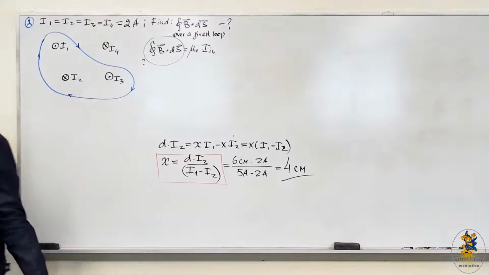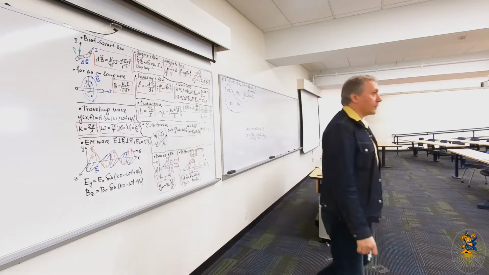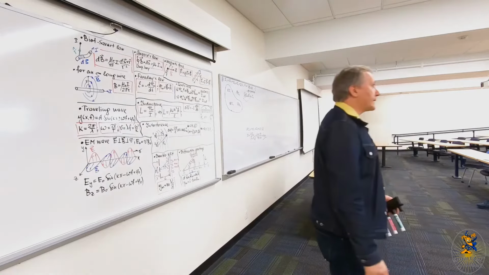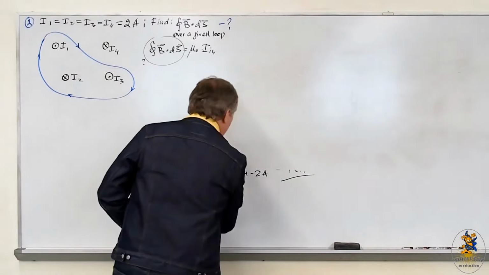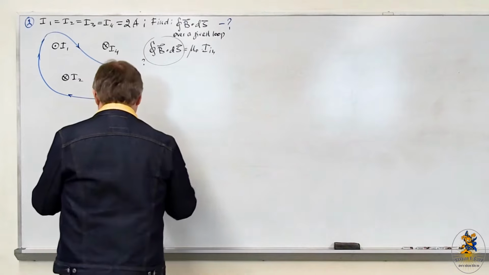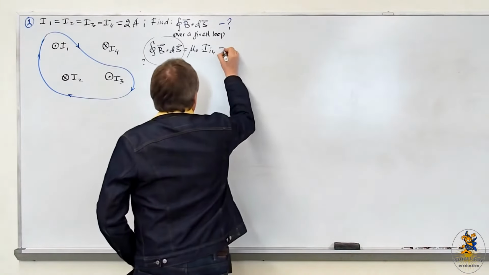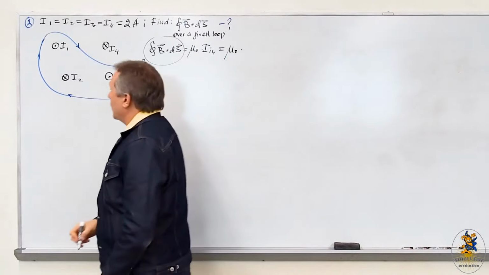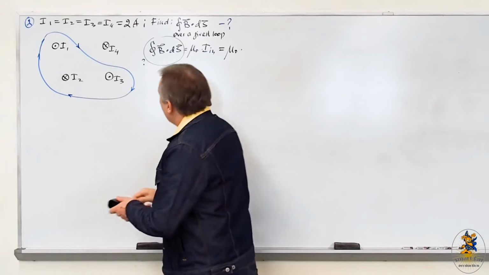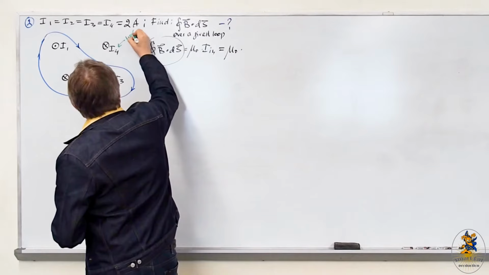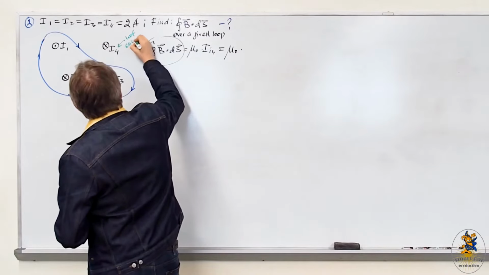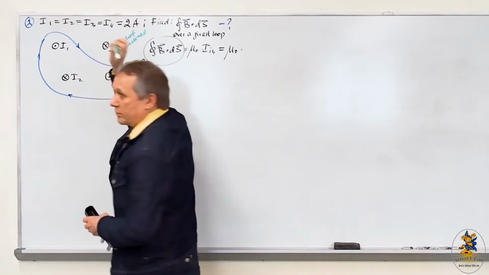So we just need to find the total enclosed current carefully with proper signs. So I can erase this now. So, mu naught times all enclosed currents. I4 is not enclosed. So we can skip it.